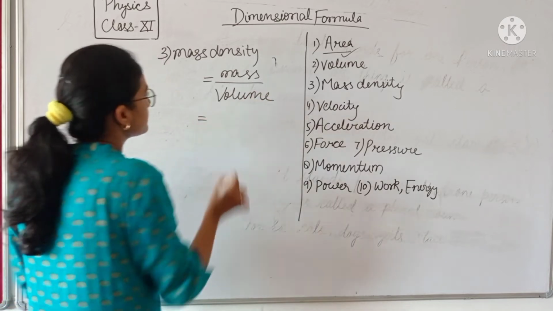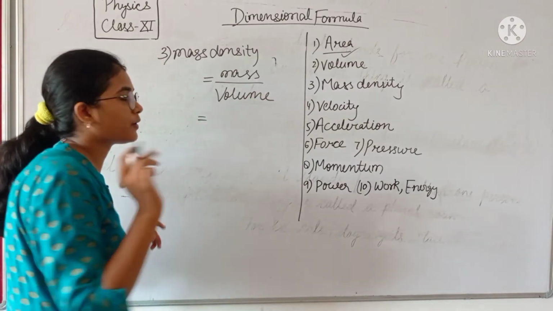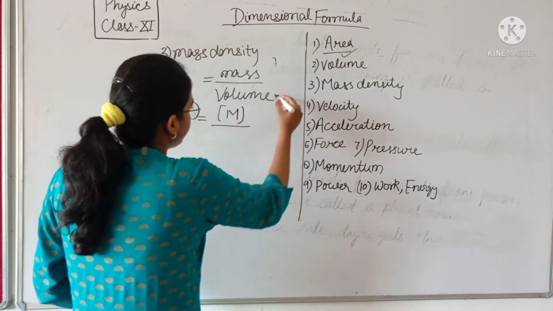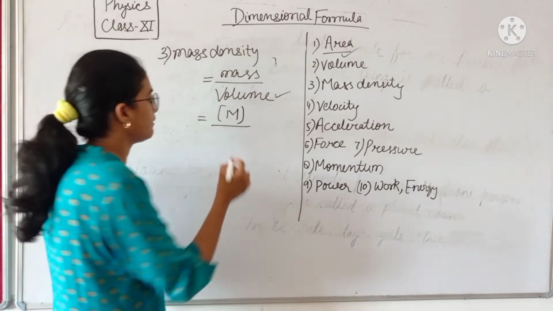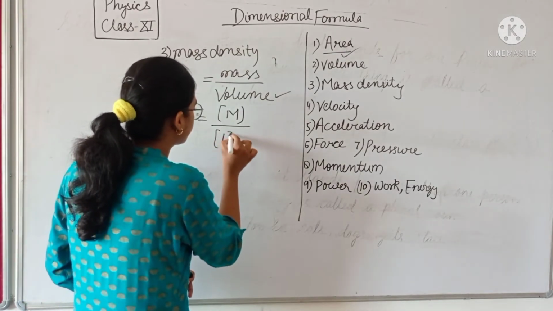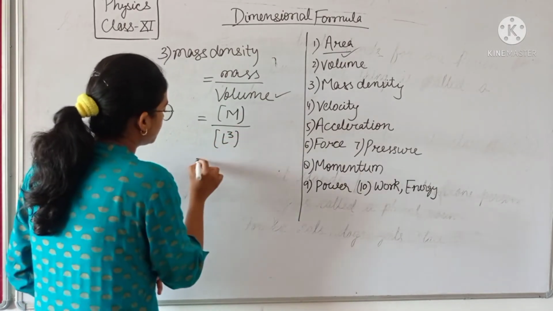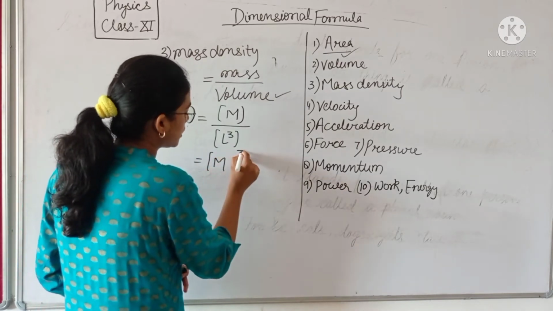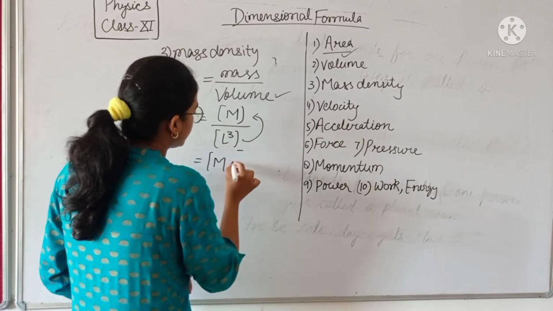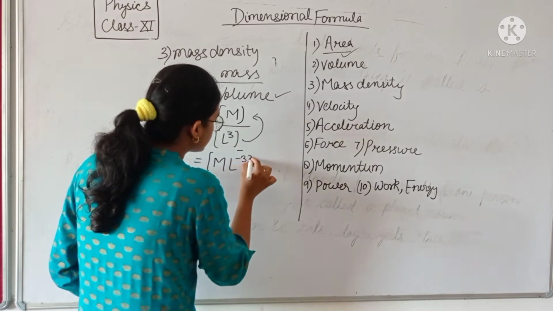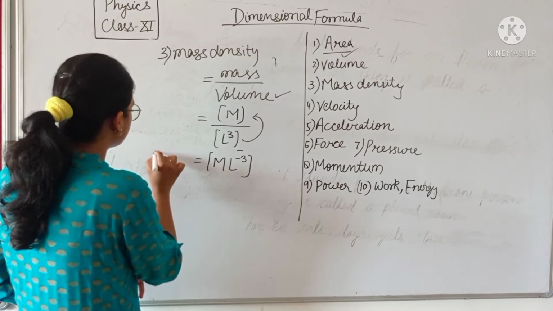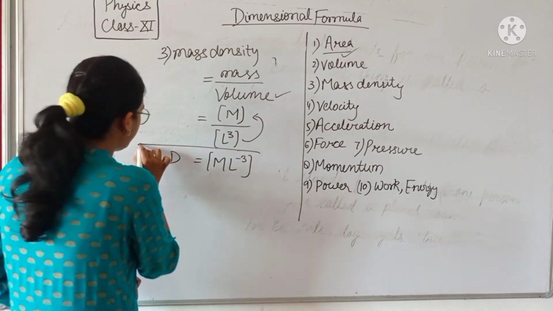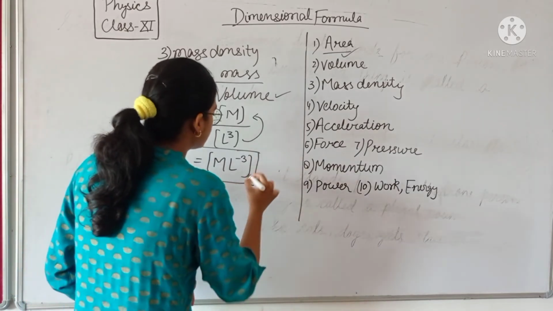For mass we write capital M, and for volume we have just derived L to the power 3. This is in the denominator, so the power goes up with a sign change, and we get L to the power -3. So this is the dimensional formula for mass density: M L to the power -3.